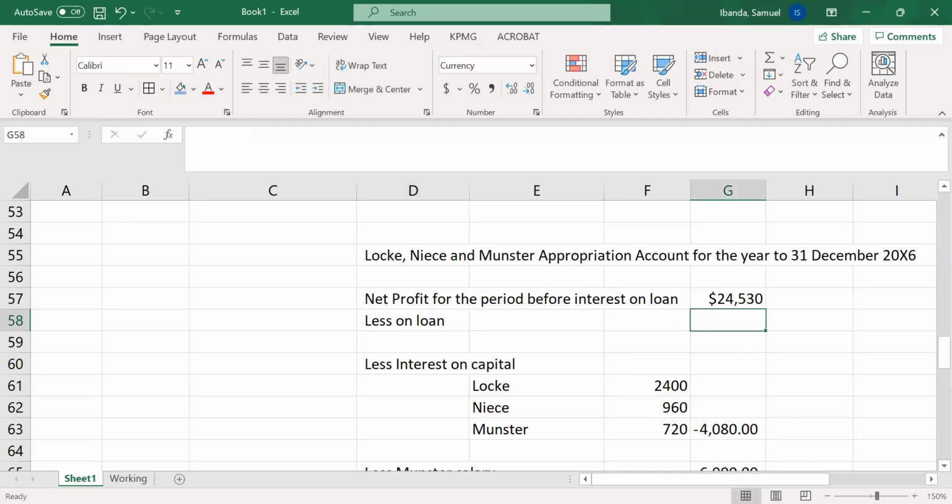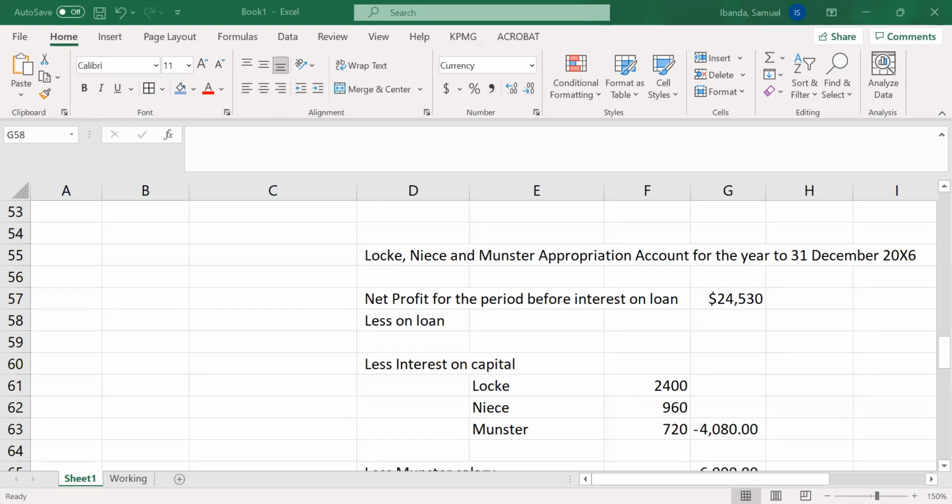So it is 6,000, and the percentage we have, just checking the question, is 5%.